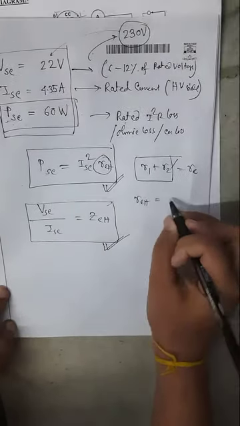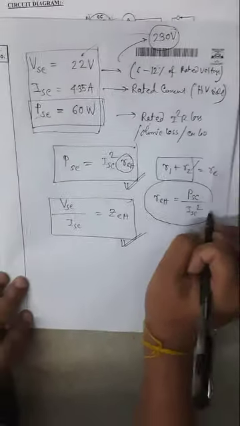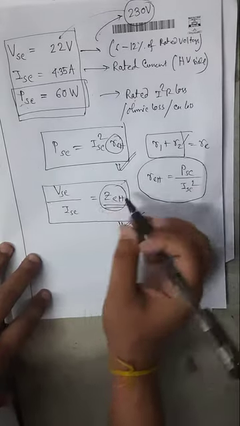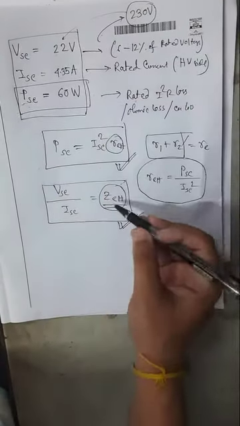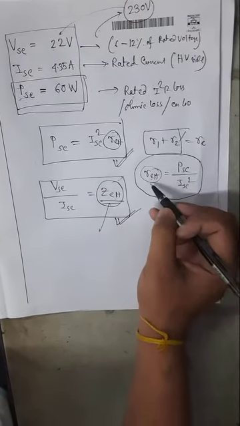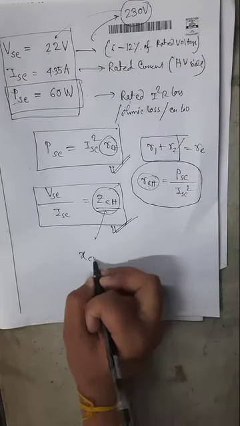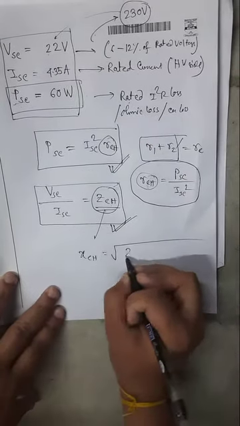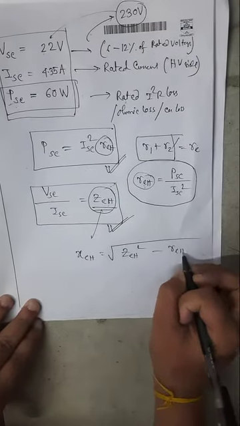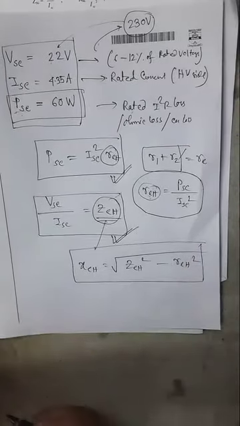REH is PSC by ISC square. If you compute the ratio VSC by ISC, you get the impedance referred to the high voltage side, ZEH. Once these two are calculated, you can calculate XEH from the impedance triangle. So this is your task to calculate these parameters.